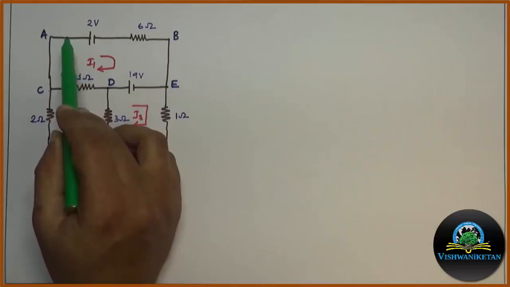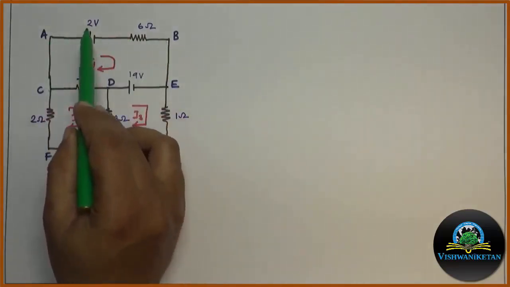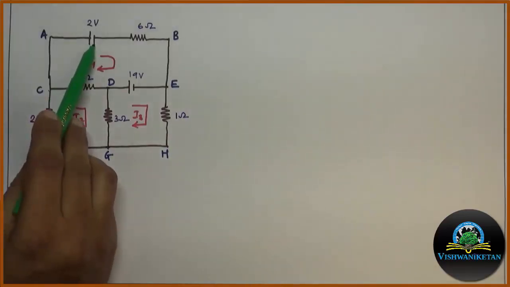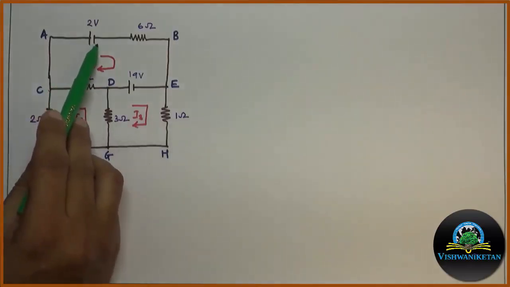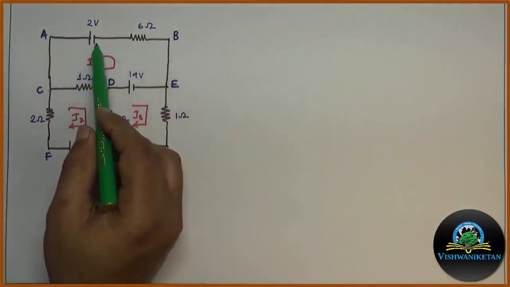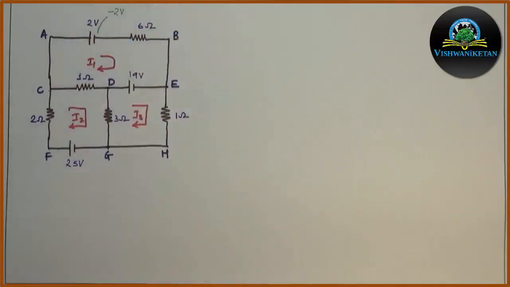As per sign convention, according to loop direction, the first terminal appears to be positive and the second terminal appears to be negative. This shows there is a drop in potential from positive terminal to negative terminal. Hence, this 2 volt battery or source will be taken as minus 2V.